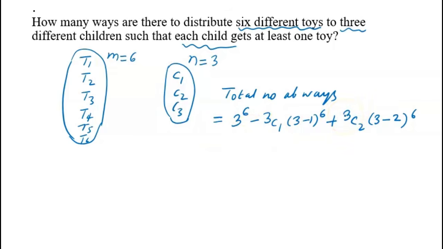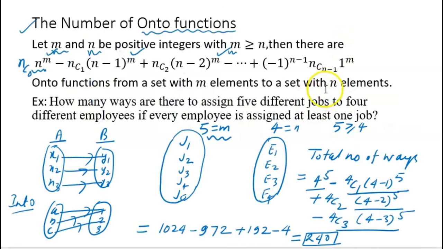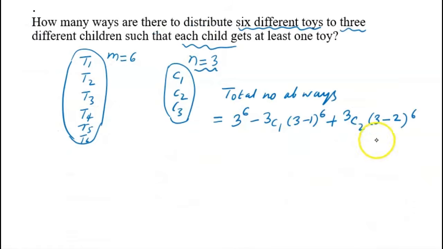I hope you are getting this point. If n is equal to 3, then in the expansion, when I am counting the number of onto functions, there will be 3 terms: 3 to the power 6, 3 minus 1 to the power 6, 3 minus 2 to the power 6. The last term is actually 1 to the power m, and 3 minus 2 is nothing but 1, so 1 to the power 6 is there.